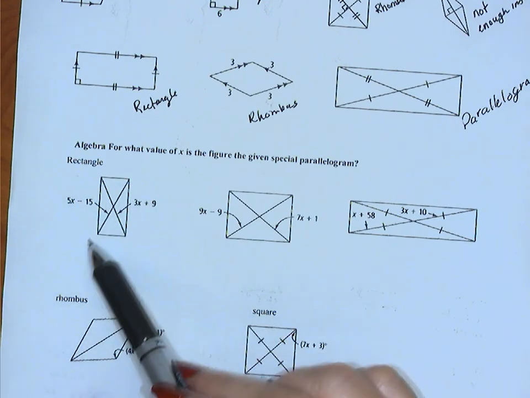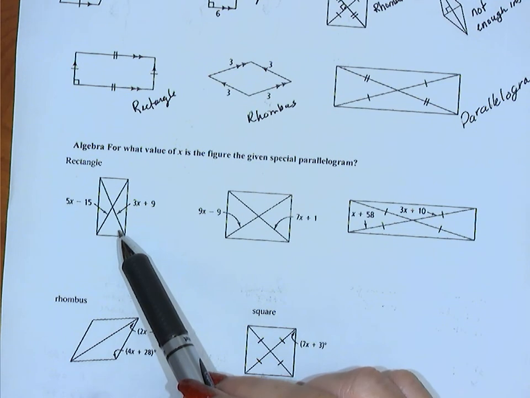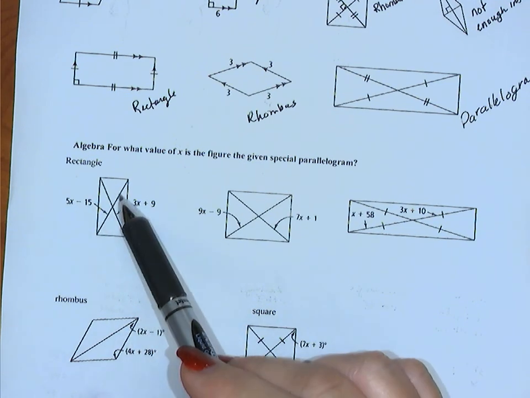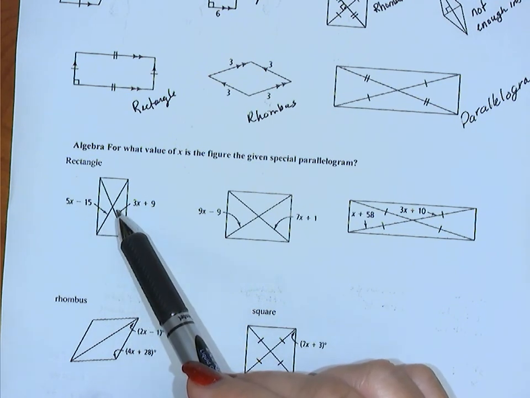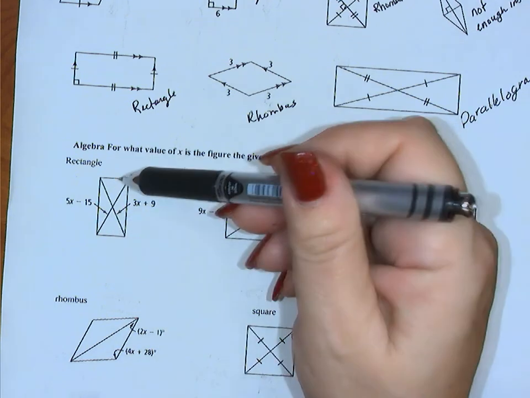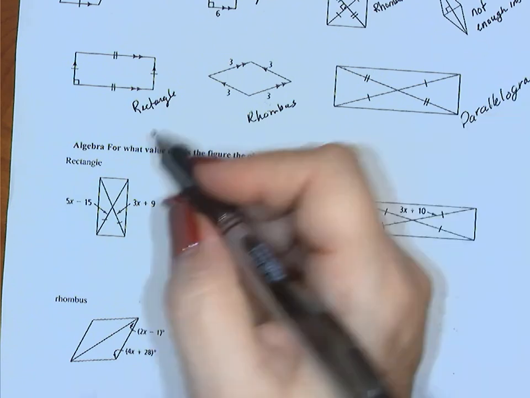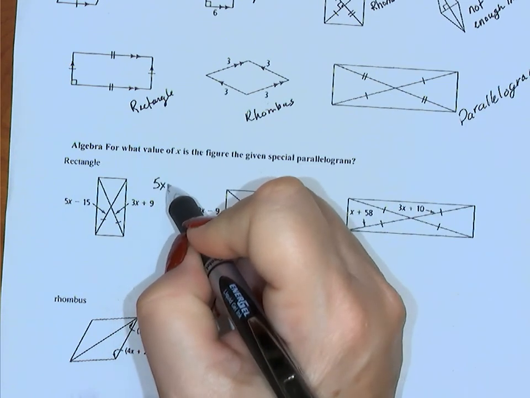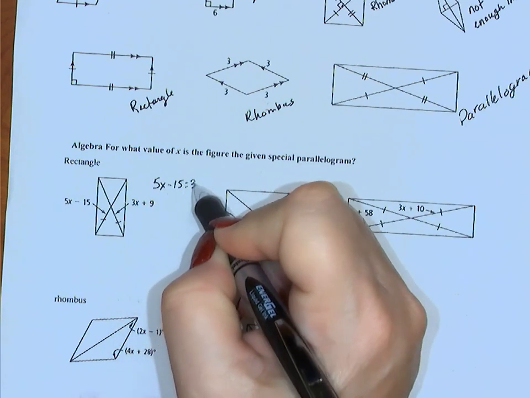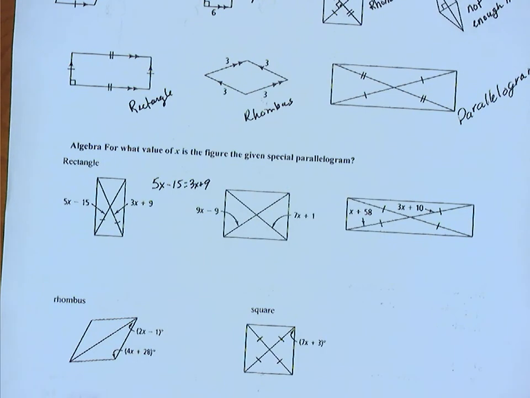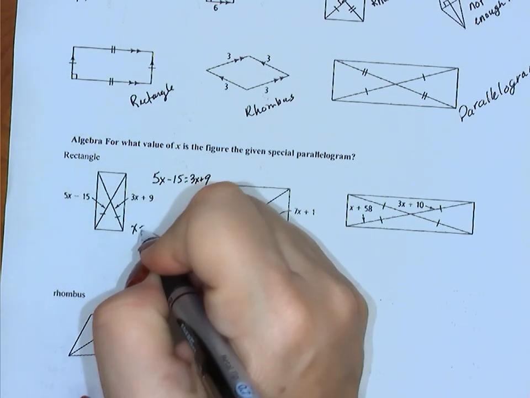So these are diagonals. Diagonals in a rectangle bisect each other, and they're also congruent. So that means that these two pieces are congruent to each other. So setting my equation up, 5x minus 15 equals 3x plus 9. When I solve that all out, I get that x equals 12.